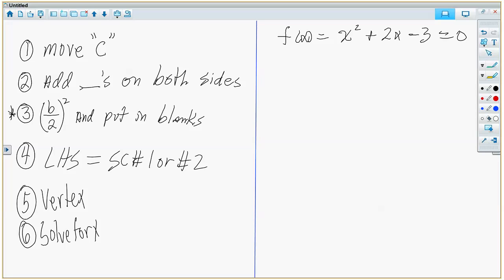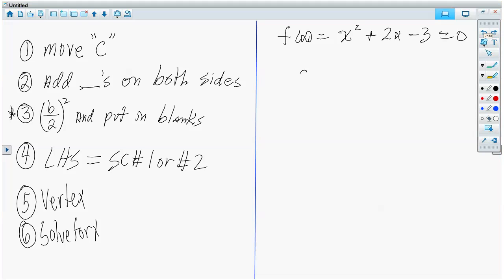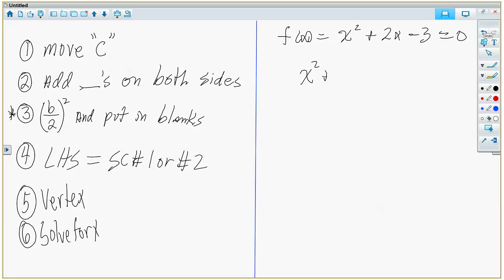You set y equal to 0, so x squared plus 2x minus 3 is equal to 0. Got to have that 0 there for you to start the problem, because what you're doing is you're setting y equal to 0, which gives you your x-intercept.